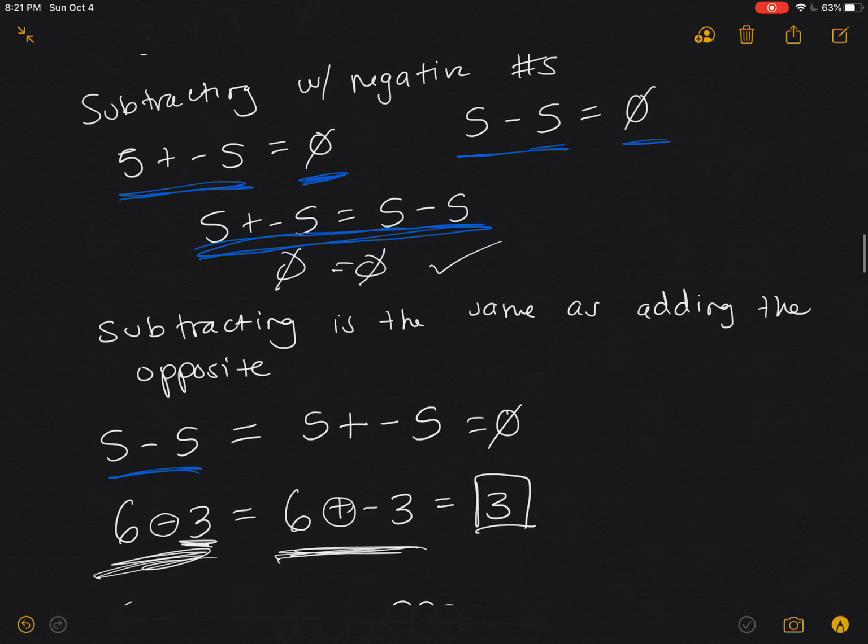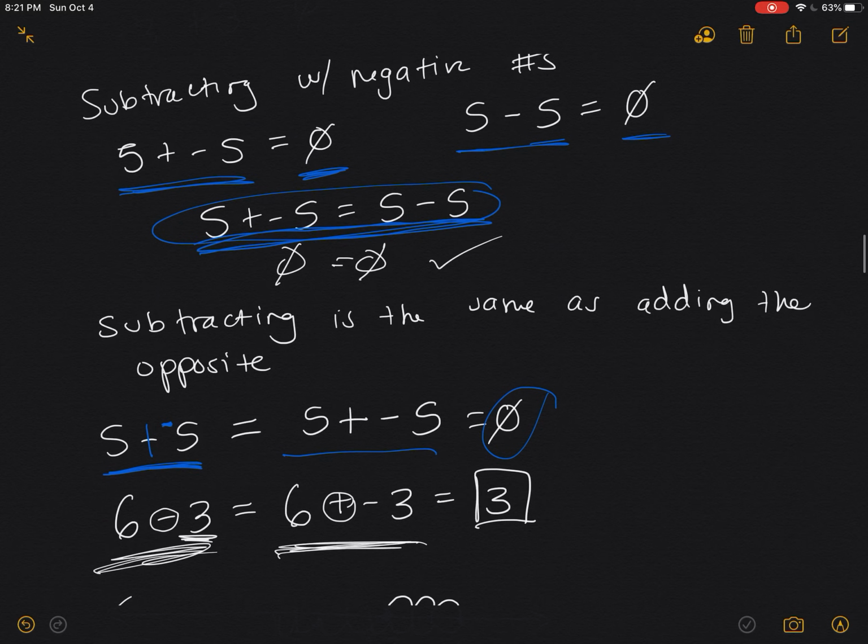So we have 5 minus 5, and instead of saying 5 minus 5, I can add the opposite, right? So I'm changing the subtraction to addition, and I'm changing my second number to its opposite. Because we just saw right here, they're the same thing. 5 minus 5 is 5 plus -5. I will get 0. Okay, so I just wanted to do those examples to show you that they're the same thing.